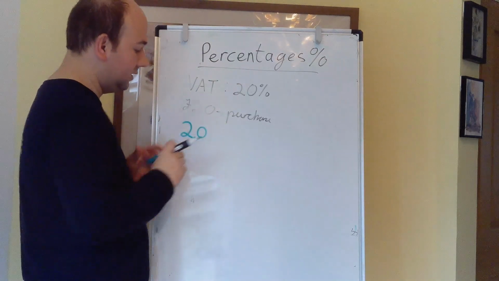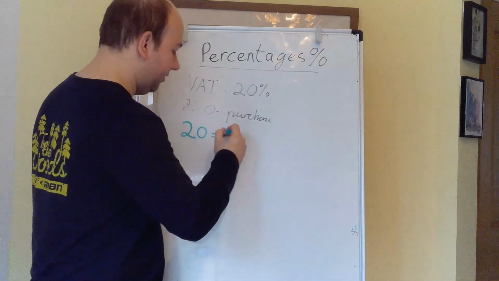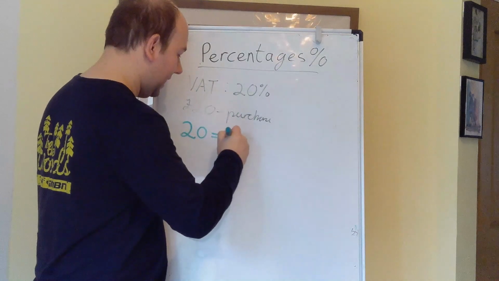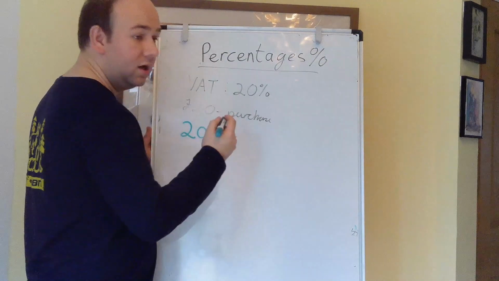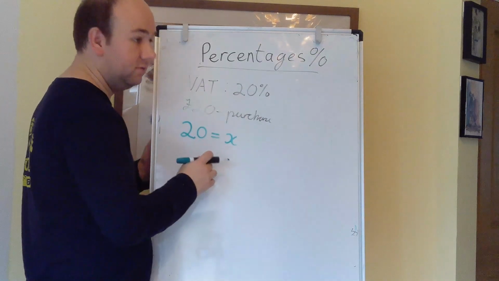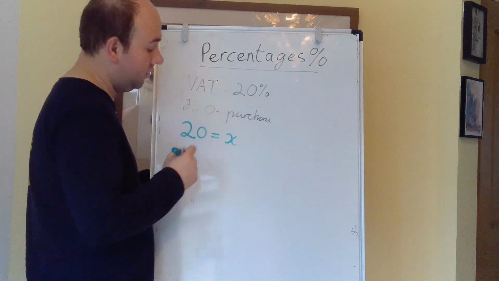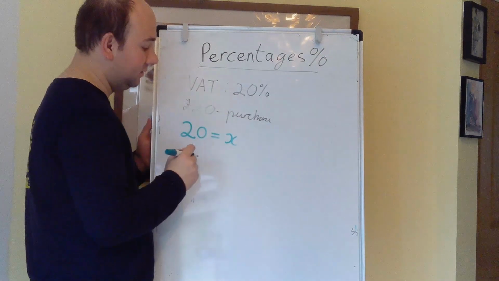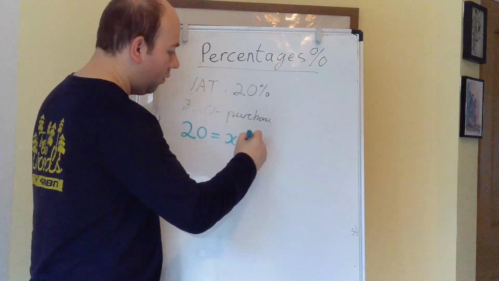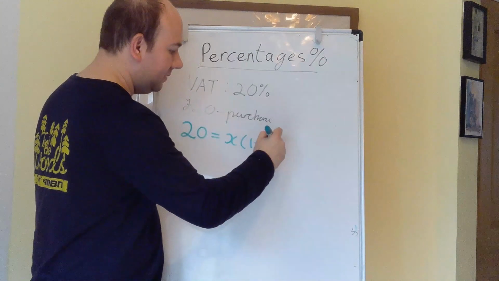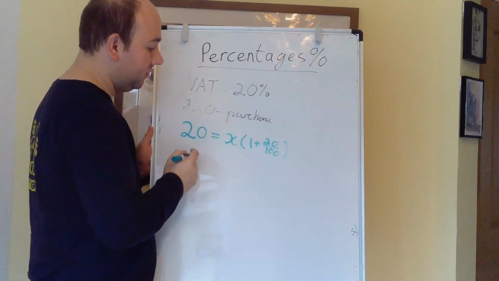What this £20 is actually made up of is the actual price of the good that the wholesaler paid, which is what you want to find out, which we'll call X. And 20% of this value X has been found and then added to the price to get to this £20. So we can write this as 1 plus 20%, written as a fraction. This is the equation we need to solve.